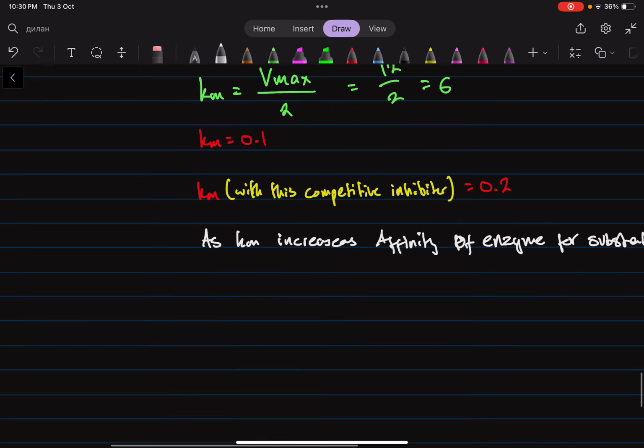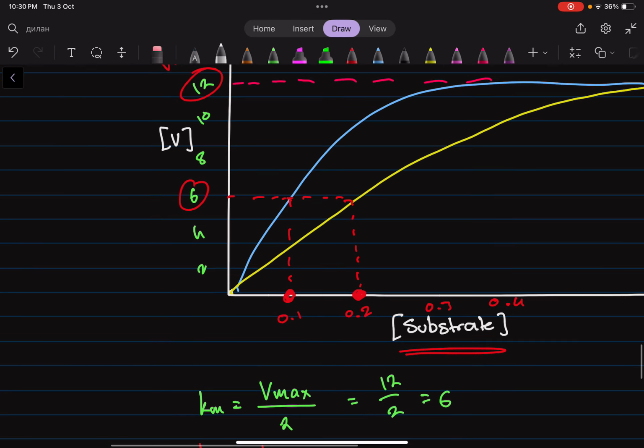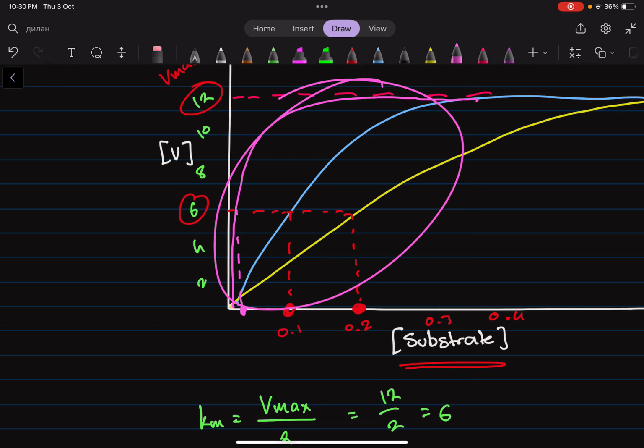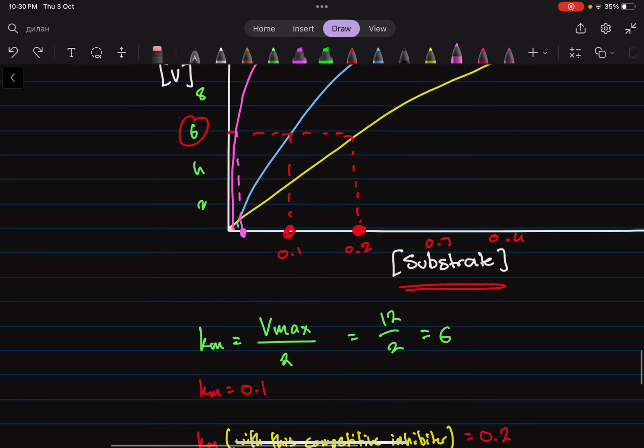Alright, so we can kind of see that because of a really low Km, like imagine a graph where the enzyme loves the substrate so much, you reach the max so quickly that Km is going to be tiny, it's going to be here. So that really low Km shows that really high affinity of that pink line, right?